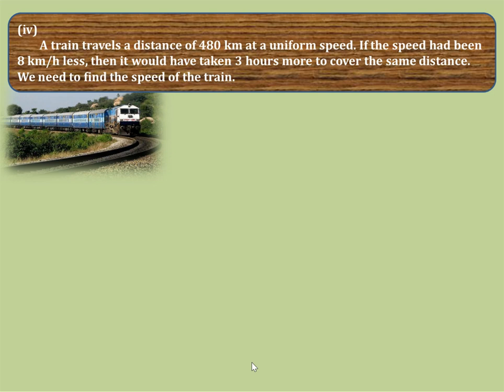It means that suppose it takes 10 hours in the first, after reducing its speed by 8 kilometers, it takes 3 hours more, means 13 hours. From now, that's very important here.